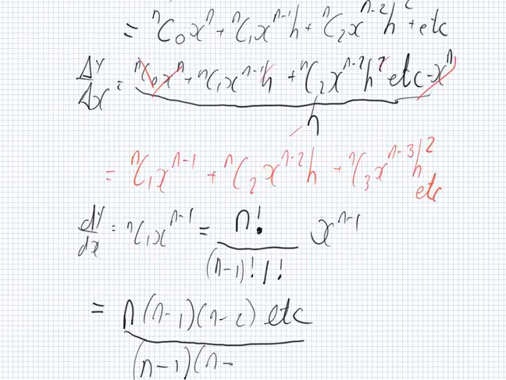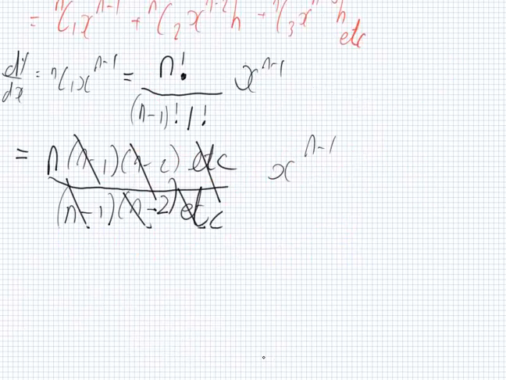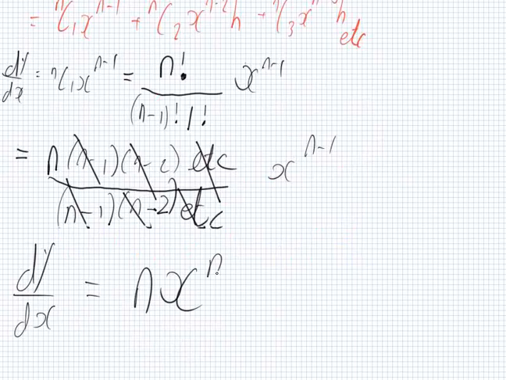You're going decreasing, so minus 1, so n minus 2, etc. Decrease, minus 1. Now what happens here? A lot of stuff cancels, doesn't it? So you're left with dy/dx equals n x^(n-1).